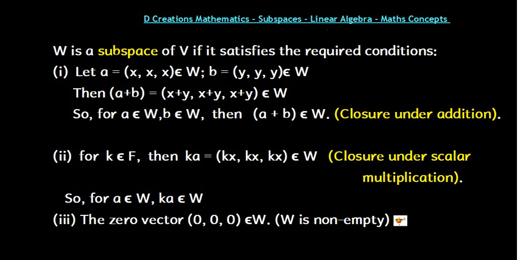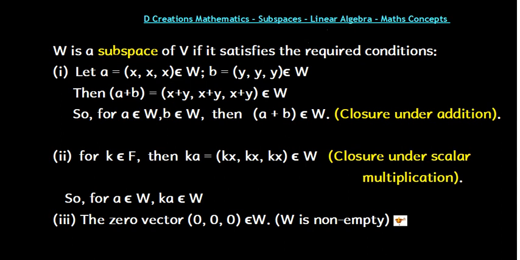That gives you the first component x plus y. Similarly, if you add the second component, you get the second component, and similarly with the third component. So as you can see here, we get A plus B, which is (x+y, x+y, x+y). So again, all the three entries are equal.